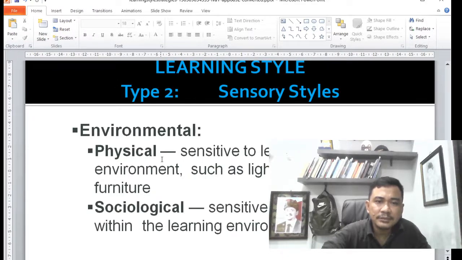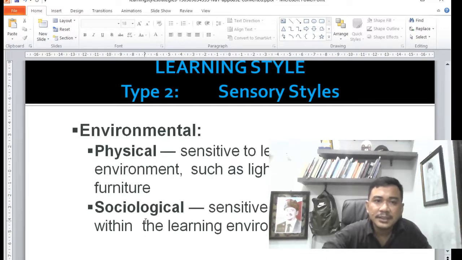Environmental, physical, sensory style: sensitive to the learning environment such as light, temperature, furniture. Sociological: sensitive to relationships within the learning environment.